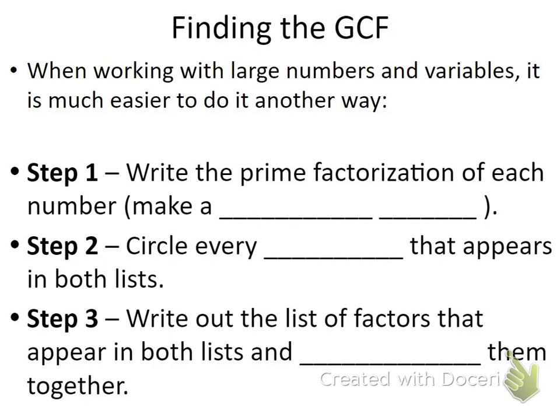The first step is step 1. Write the prime factorization of each number. Do you guys remember from previous lessons and previous grades, when you had a large number and you had to find the greatest common factor, you had to make a what? What was this thing called?